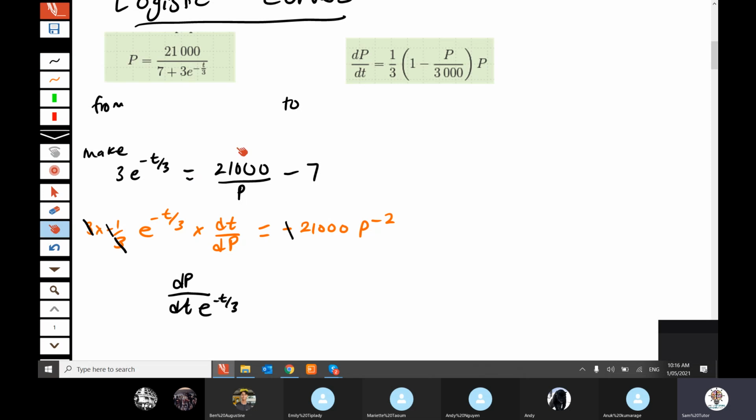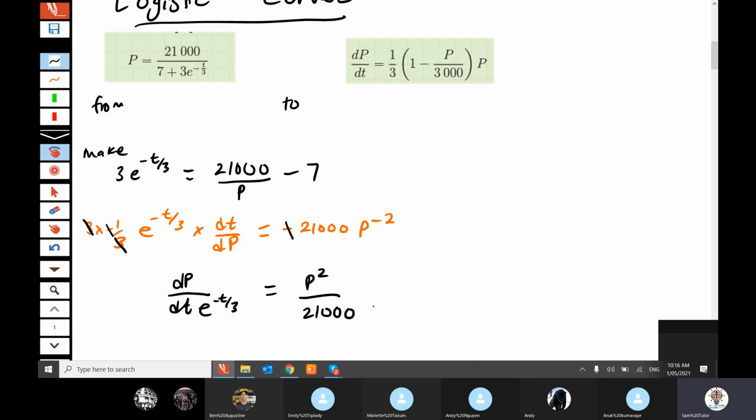If you're asking why you leave them as negatives, eventually we're going to substitute because we want everything in p's. We're going to substitute and we already have it as a negative. We don't have it as a positive here. So don't change this, leave it as a negative. All right, continue. Equals, remember we're flipping this, so that would have technically been over p squared, which means p squared goes on top, 21,000 goes at the bottom.